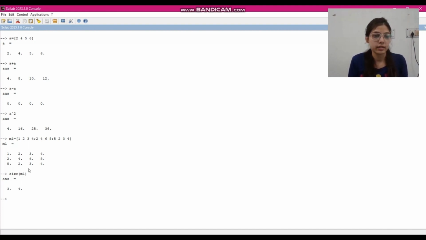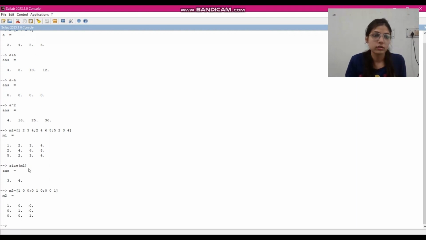Next, I'll write another matrix M2, which is 1 0 0, then 0 1 0, then 0 0 1. If you know this one, this is the identity matrix, the 3 cross 3 identity matrix. There is a shortcut for writing this, an inbuilt function.